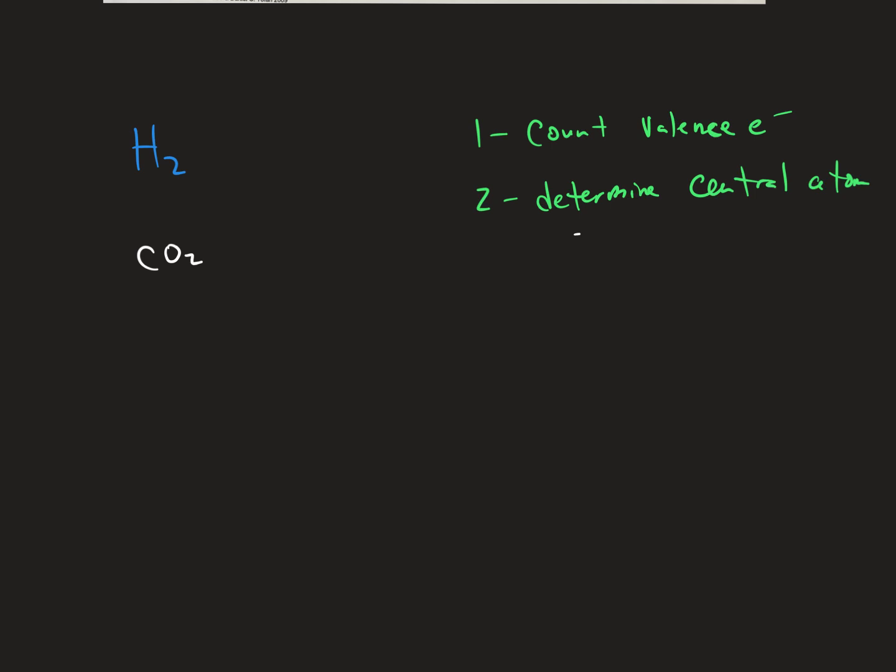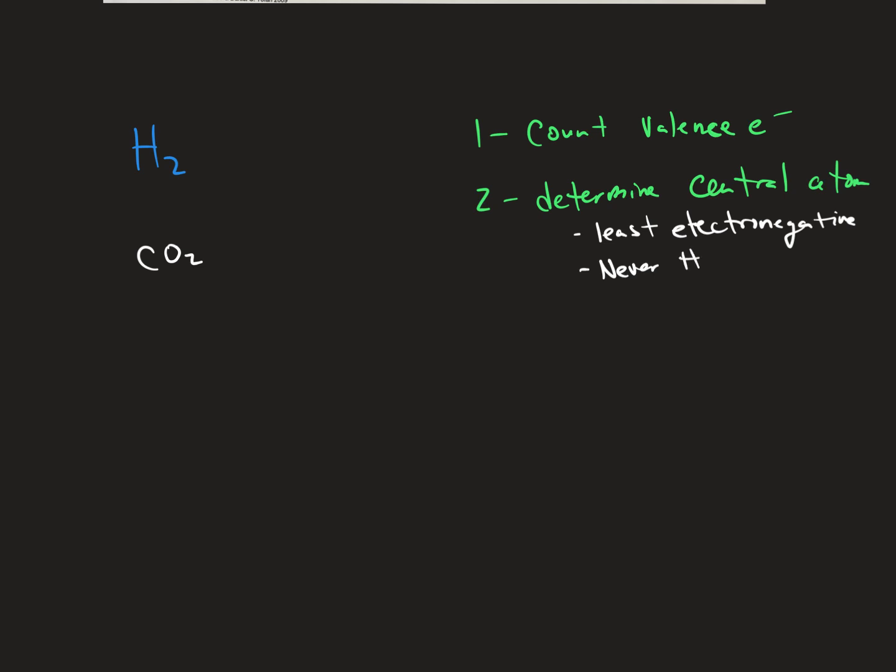But if it's hard to tell, it's going to be the least electronegative. And again, I'll be giving you this sheet on every exam, the electronegativity chart, right? Do you remember that? Electronegativity? The ability to accept electrons during a chemical reaction. Okay? And a little note, it's never hydrogen.